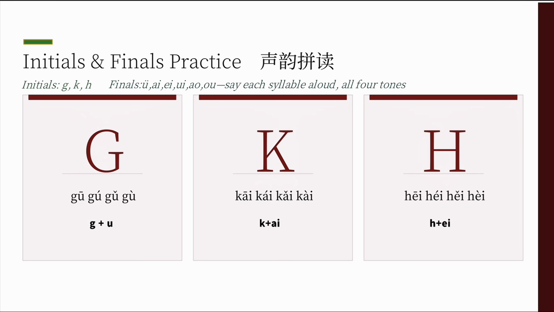So the initials and finals we're practicing today are G, K, H. And this is the pairing that we have for them. We have G with U, K with I, and H with A. We're going to pronounce these words in the 4 different tones.